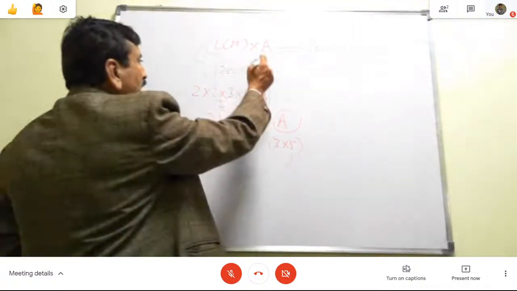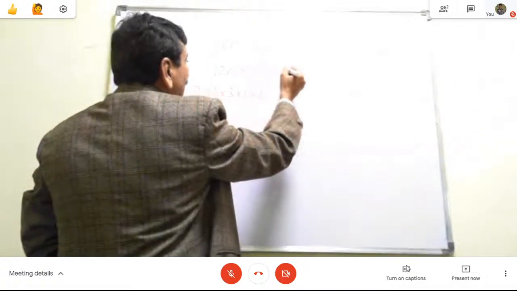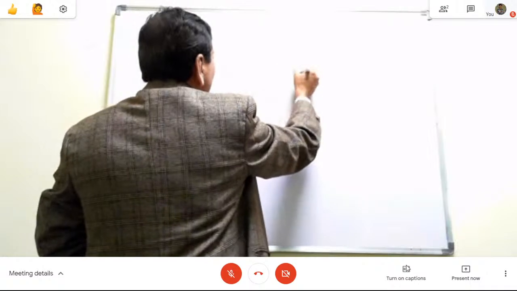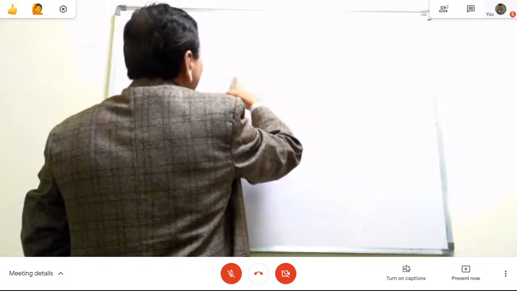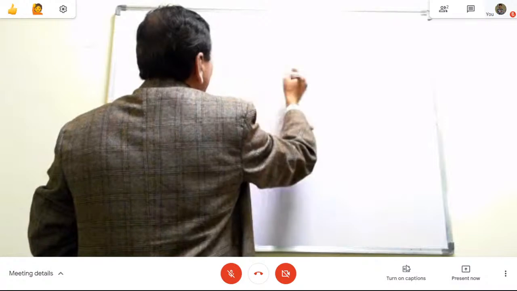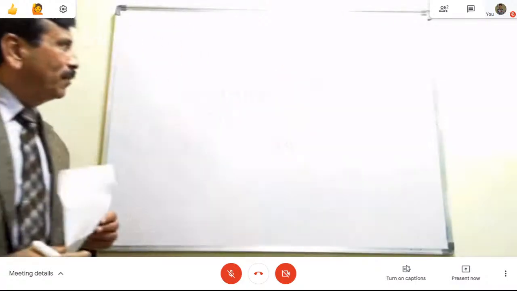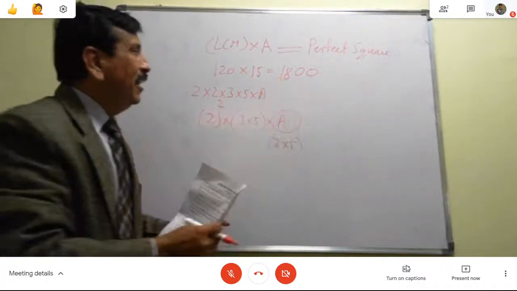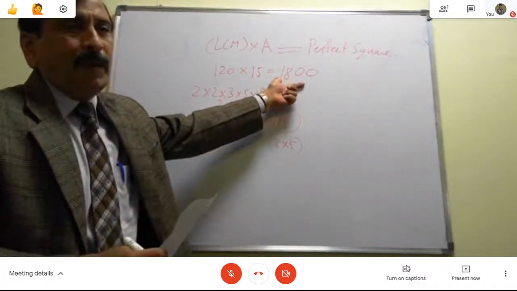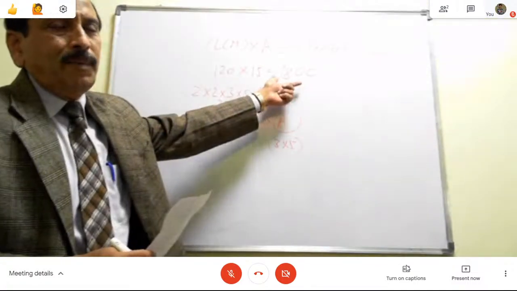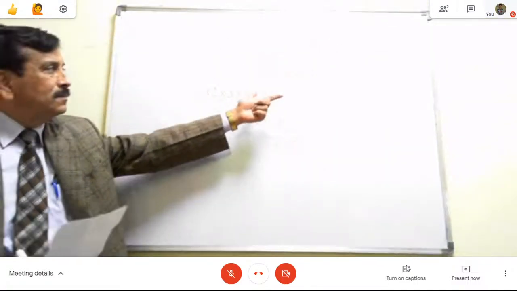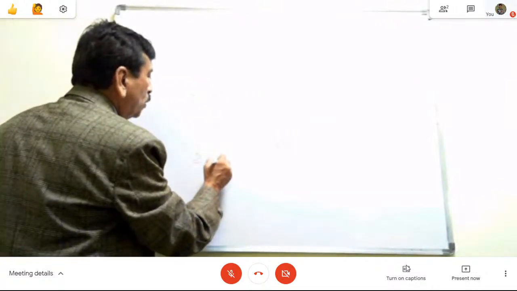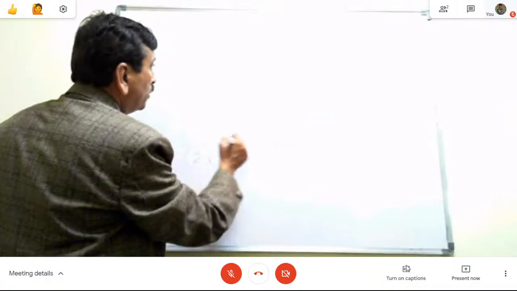Now, consider the value of A as 15 and we'll realize, I hope I am correct, that 1800 will be a perfect square. Perfect square of what? It will be the perfect square of 2 into 3 into, sorry, something is wrong.